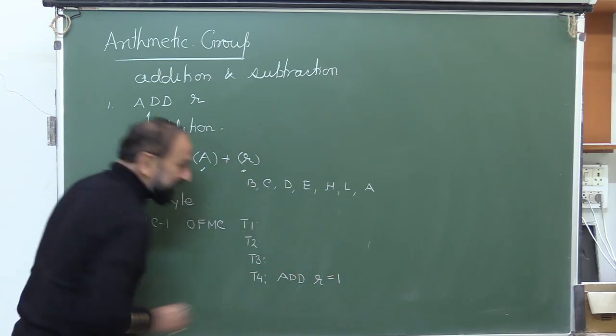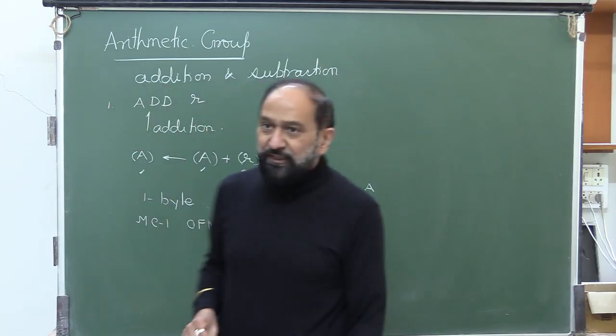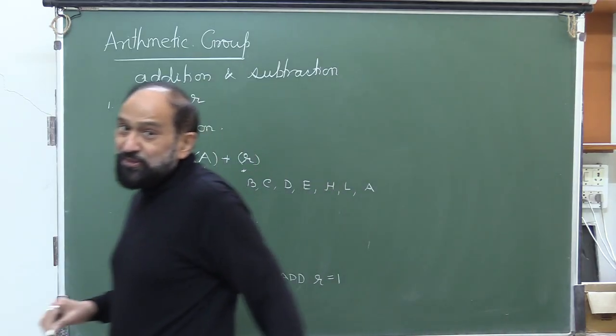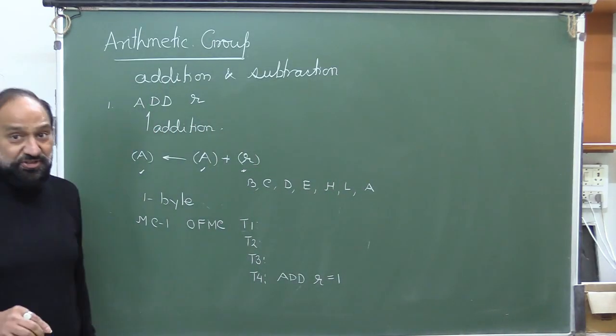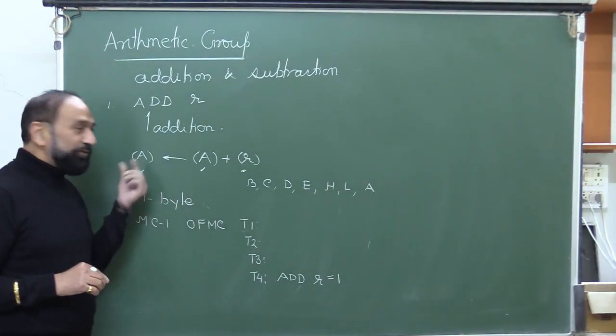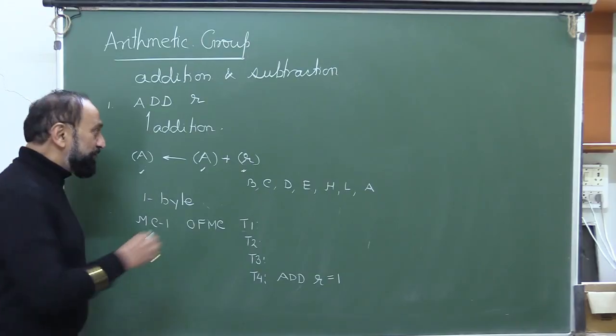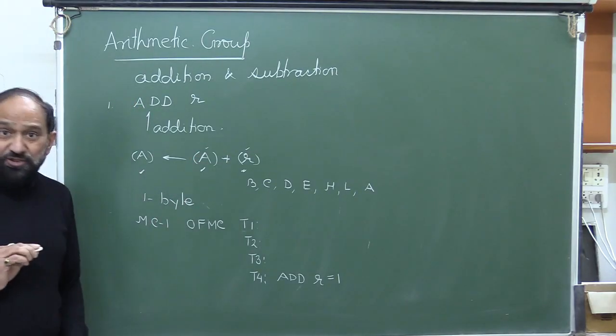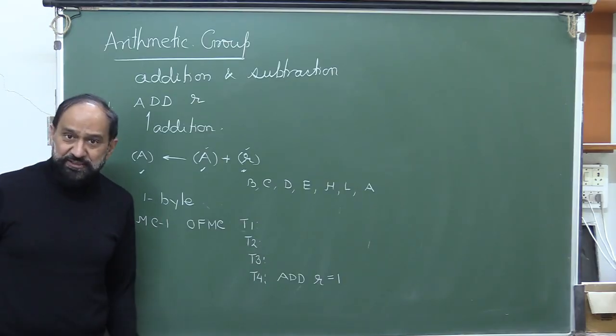When the instruction is decoded, the processor comes to know the meaning of the instruction: ADD R, accumulator plus R should go to the accumulator. Now both these registers are within the processor, so no more reading operation is required.